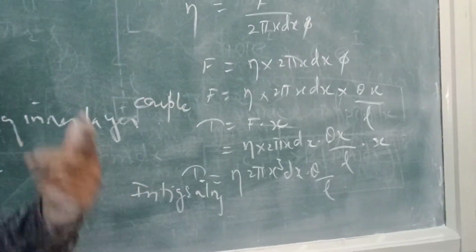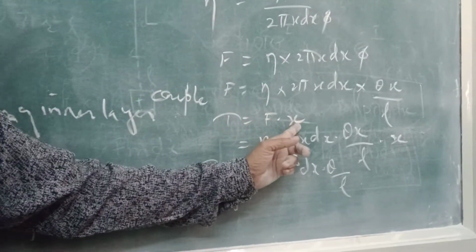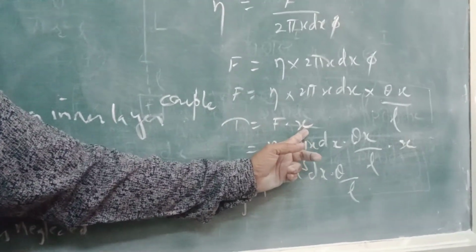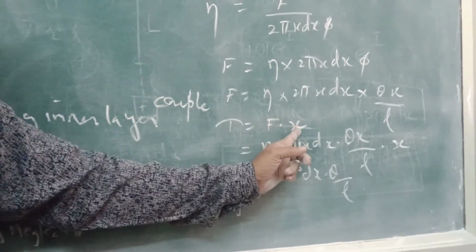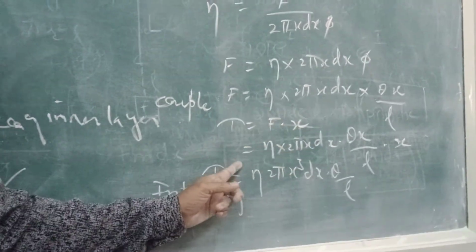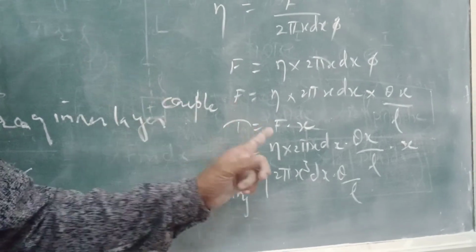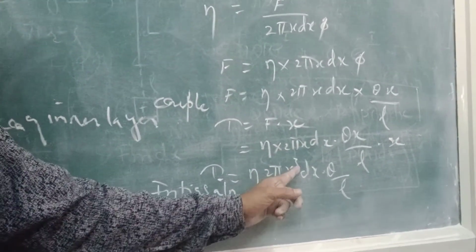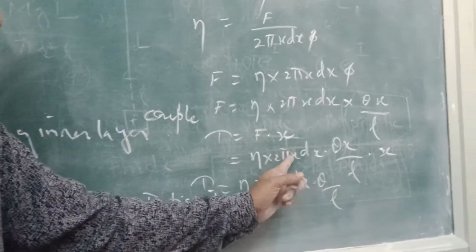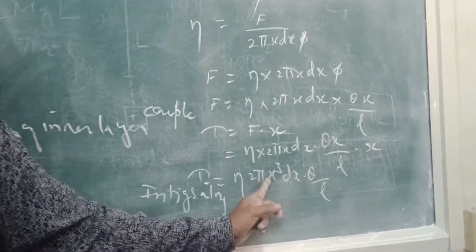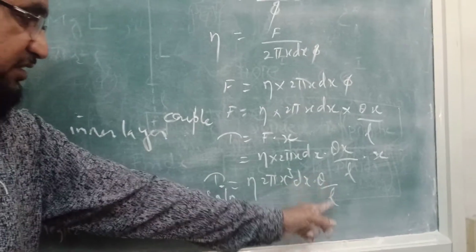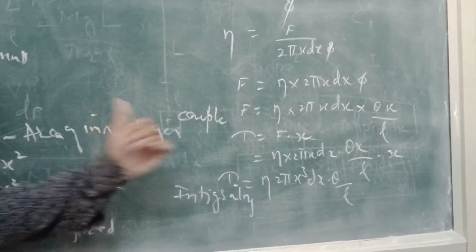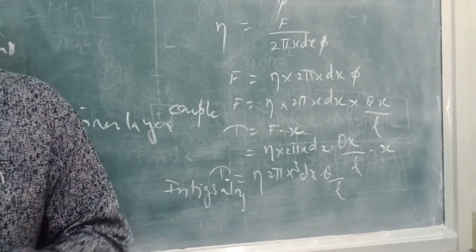Now the couple is force into the perpendicular distance, that is F into x, a small value of the couple. So it will become eta into 2 pi x cube dx into theta by L, because there are x into x into x, 3 x, so x cube dx. Now I will integrate it to find the total couple.